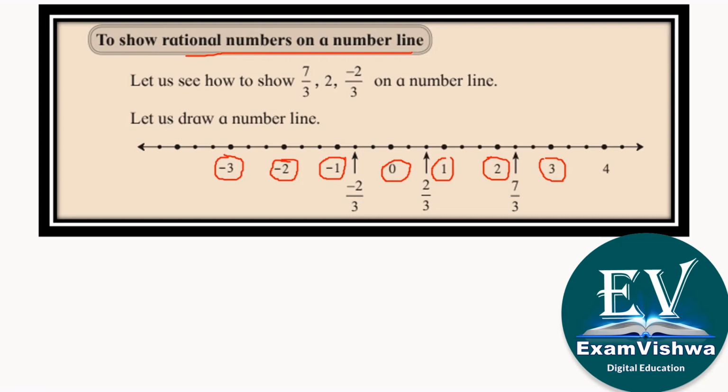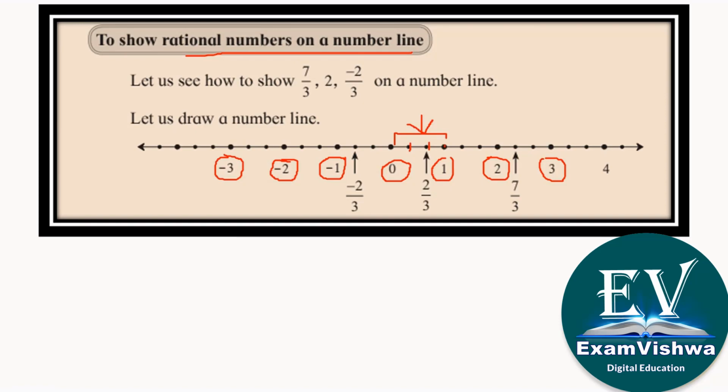This is also not a big thing. But to show that there is 2 upon 3 over here, you have studied in 7th, we should divide the two units, 0 and 1, in between into 3 divisions. 1, 2, the third comes over here. Then we can write this point is 2 upon 3.